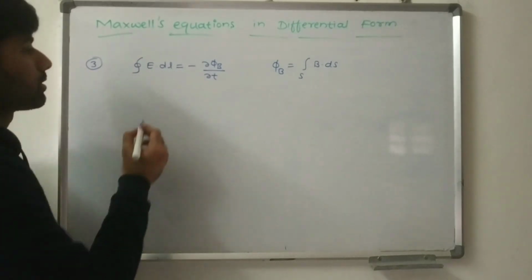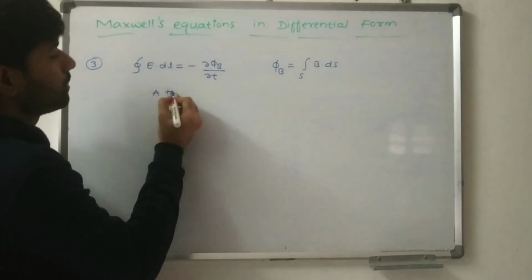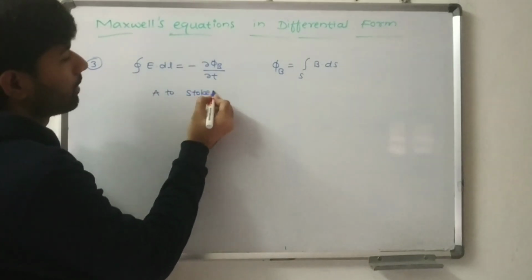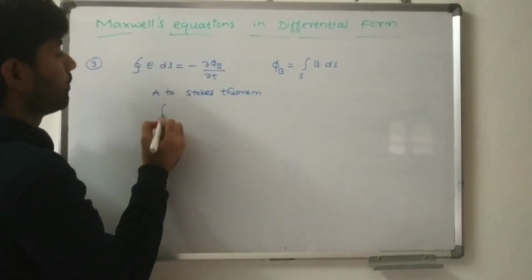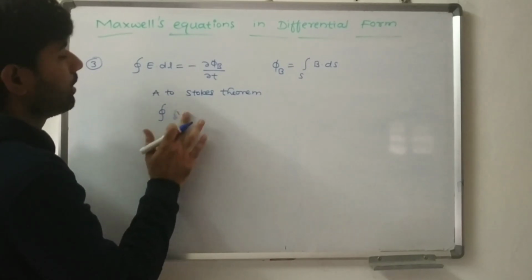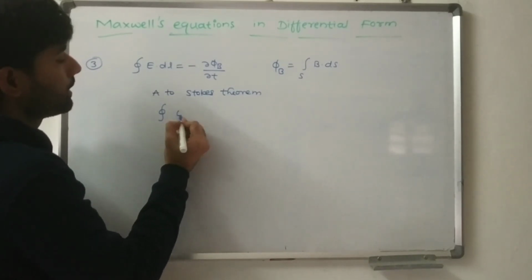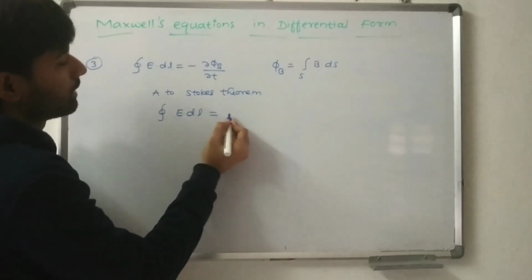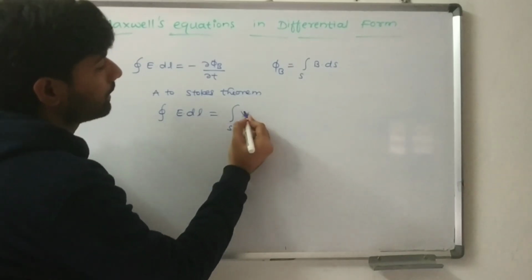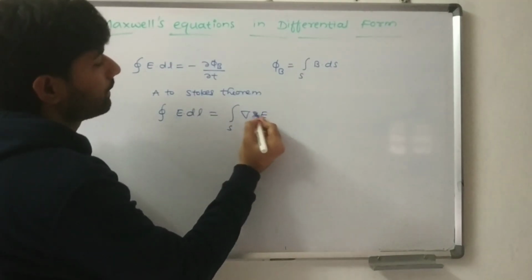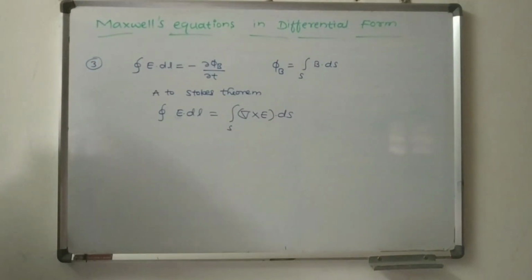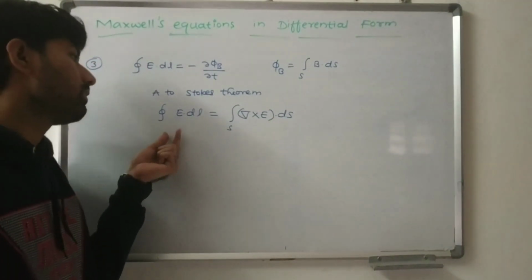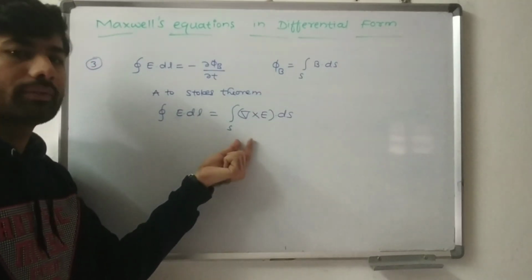According to Stokes theorem, we could write line integral E dot dl as the surface integral of curl of the electric field multiplied by ds. So Stokes theorem states that it can transform the line integral into a surface integral.